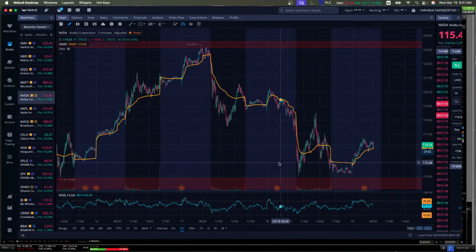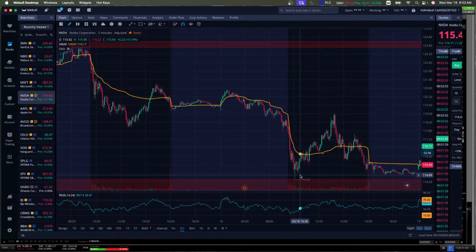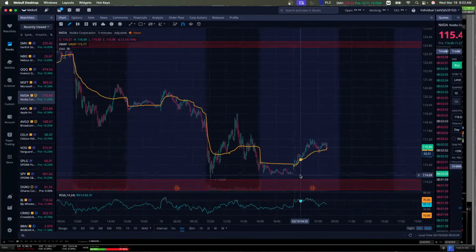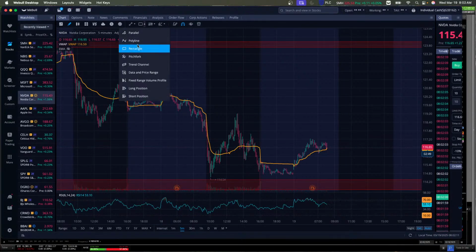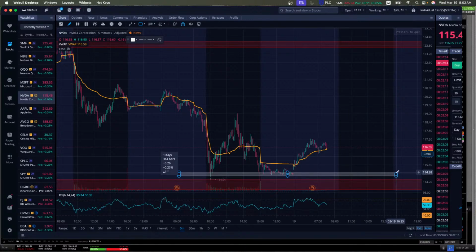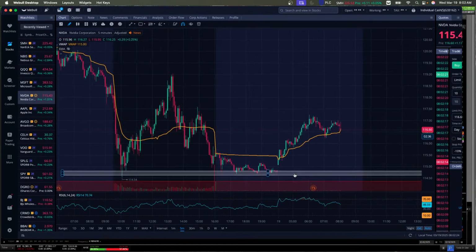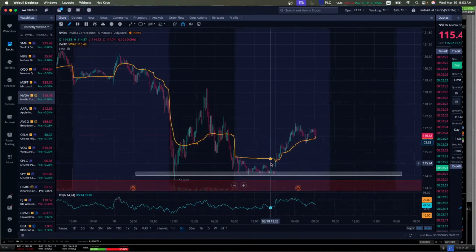We're going to look at the 18th, and you can see we made this low here of 114.54. When you're looking at it, this is going to be the line in the sand. You have to remember that Jerome Powell is speaking today at 2 p.m. Eastern. So definitely be cautious. Sometimes the markets don't really want to follow the levels when you have that kind of event. You have the algos trading. But if anything, if NVIDIA breaks this 114.4 level, you have more downside coming.